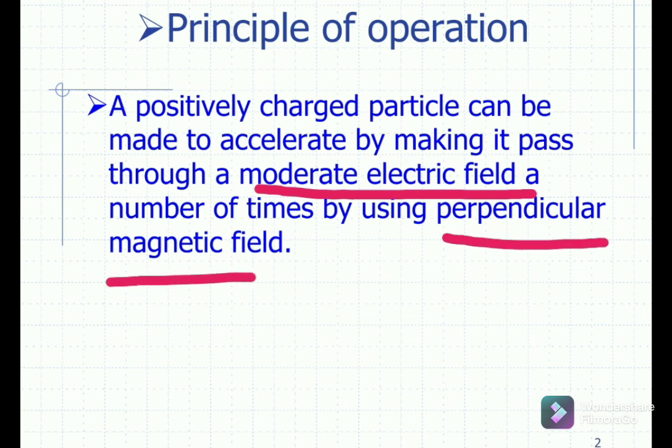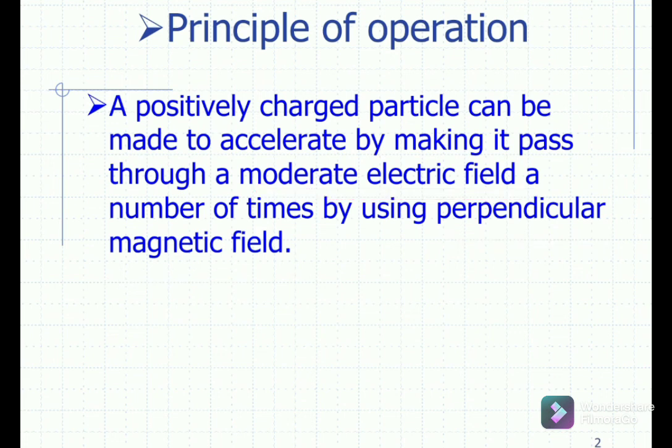When a charged particle is moved again and again in an electric field, it will experience an acceleration due to this electric field and move towards the positively charged plate, and the perpendicular magnetic field will help it move again and again in this electric field. Let's go into the depth of this operation.